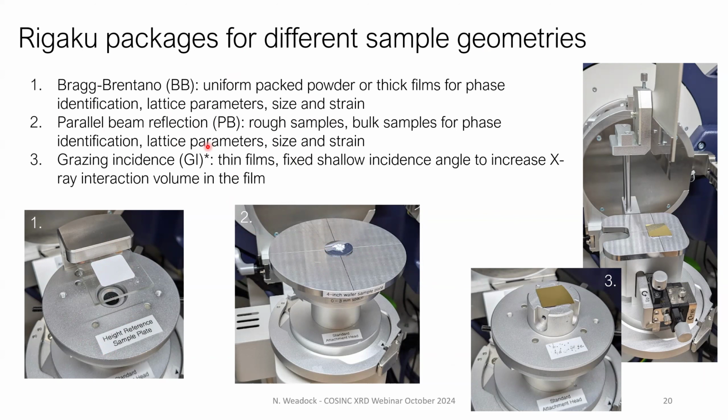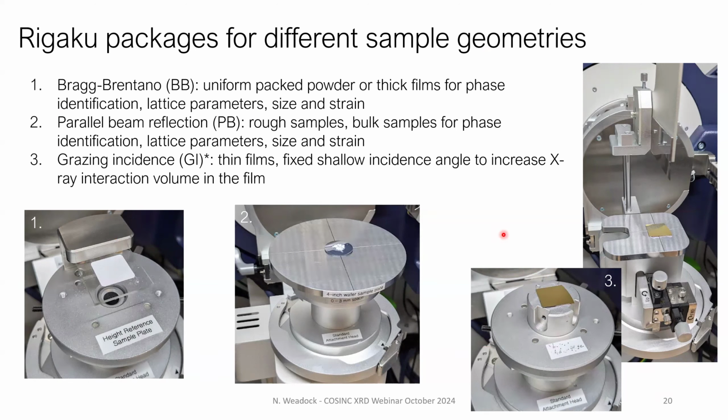varying height effects. And if you have a thin film, so here we have 50 nanometers of gold on silicon, a BB or any type of symmetric theta 2 theta scan is not great, because as you get to those high angles, your X-rays are just going to penetrate through the film and minimize diffraction. So you'll actually do an asymmetric scan where you set your X-ray incident angle to be very small, and that will increase the effective volume of the thin film that you're sampling because you don't have deep penetration.